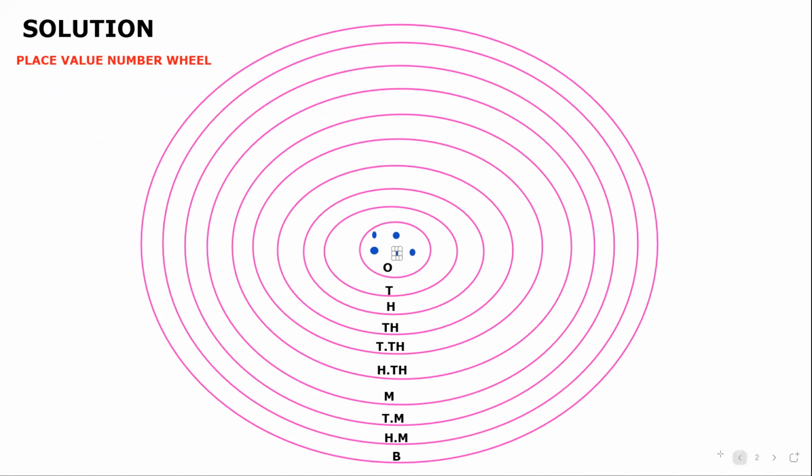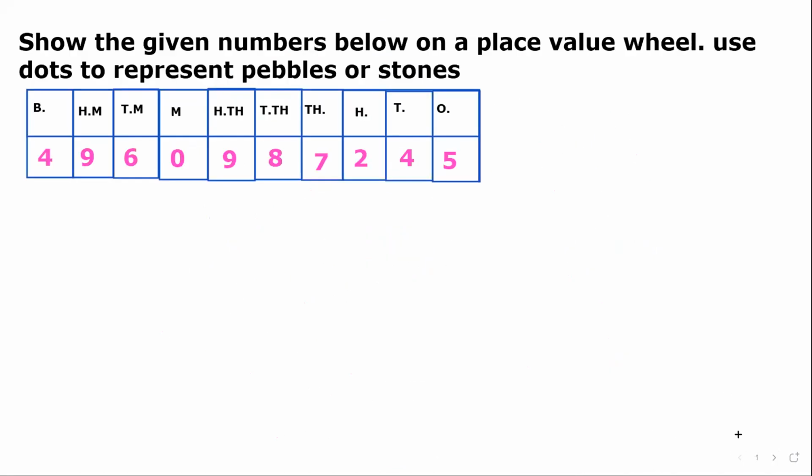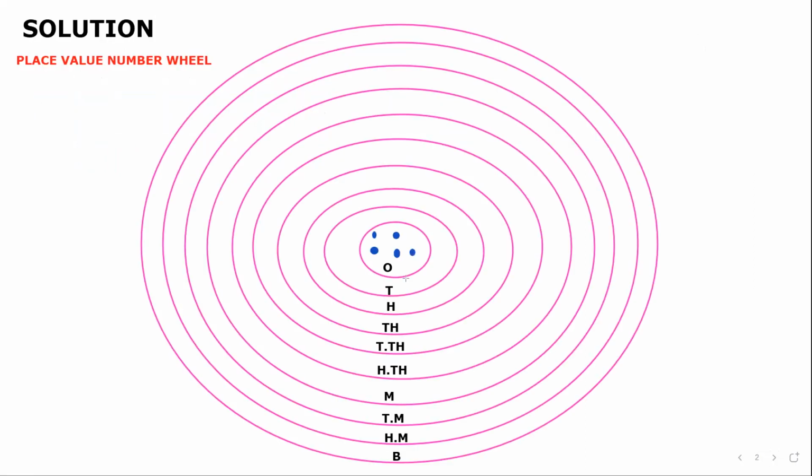Then you move on to the tens. The tens is 4. Then you come to the tens. 1, 2, 3, 4. That's the tens. 4. Good. That is the tens. Then you move to the 100.